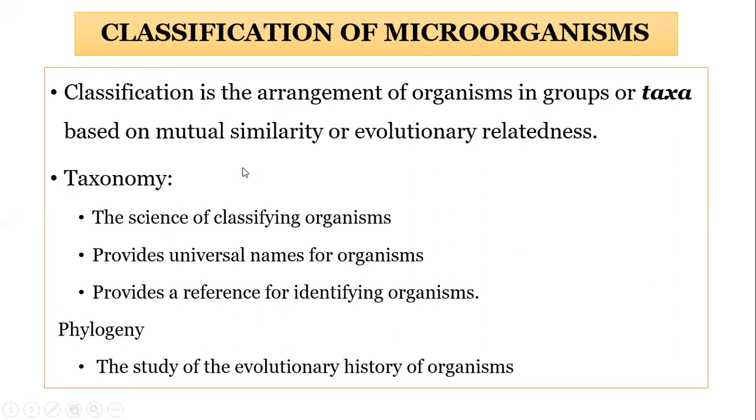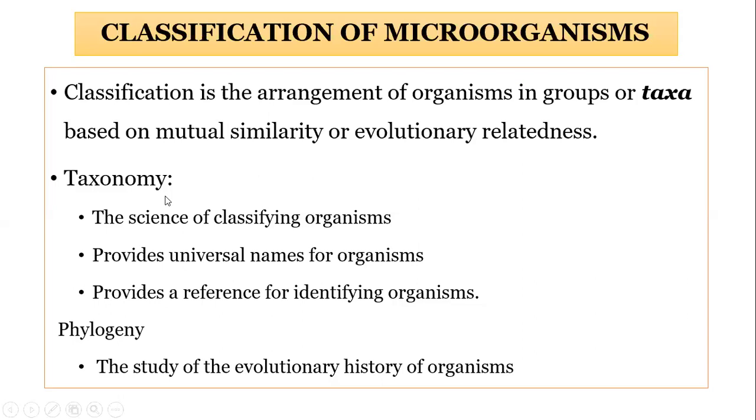Classification is nothing but arrangement of organisms in groups or taxa based on mutual similarity or evolutionary relatedness. Based on their mutual similarity and evolutionary relatedness, the organisms are grouped into a single group, and that is known as classification.